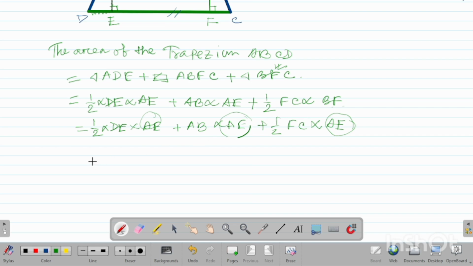If we take common half of AE, then we will get DE from the first term, plus 2AB from the second term, and FC from the third term.